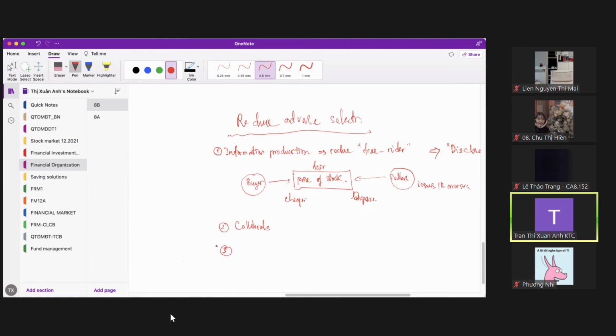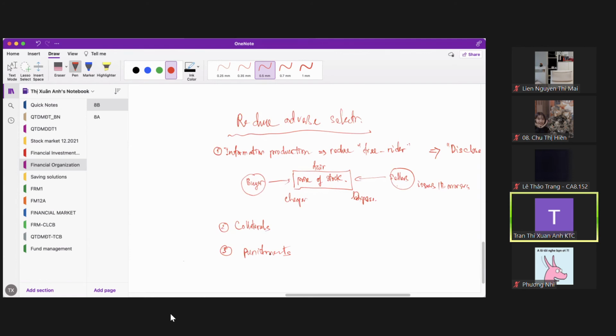And one more solution here is that the government may give us some regulation we call punishments. If one of them cheats, or tells lies, or does not disclose information, maybe you need to pay money, or maybe you are not allowed to invest in the market anymore.